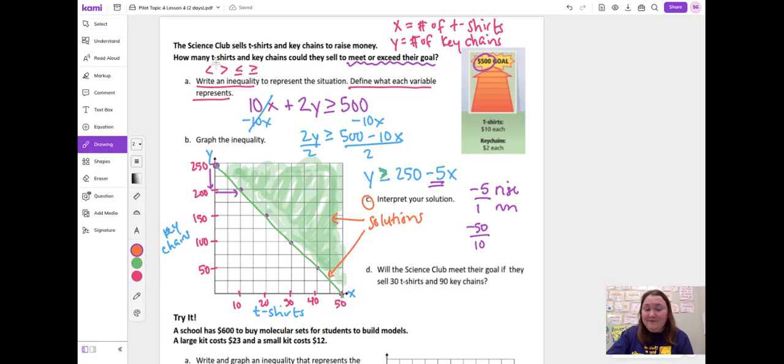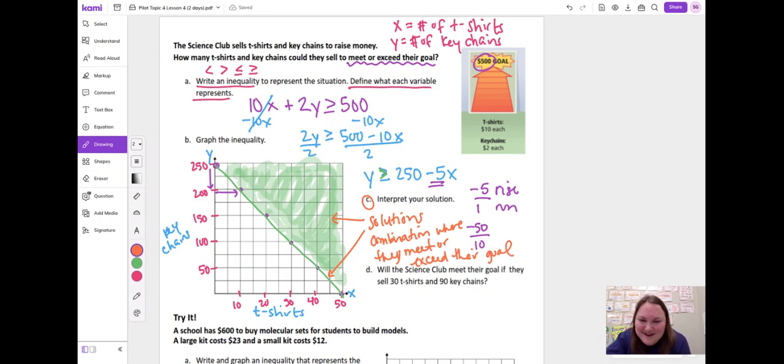What does that mean for this story? Well, it means any of those points is a combination where they meet, I'm going to use the words from the story, they meet or exceed their goal.